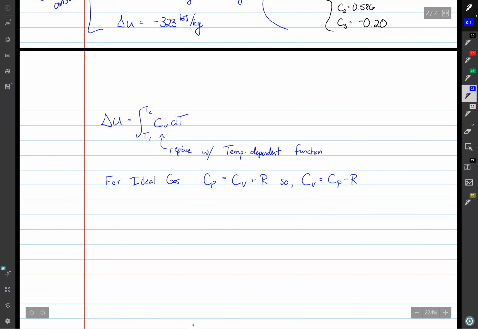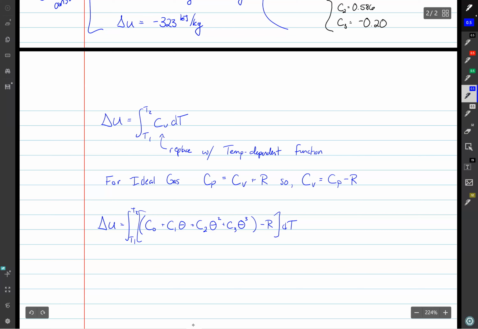Okay, so let's do the integral. It would be delta U, the integral from T1 to T2 of C0 plus C1 theta plus C2 theta squared plus C3 theta to the third minus R dT.